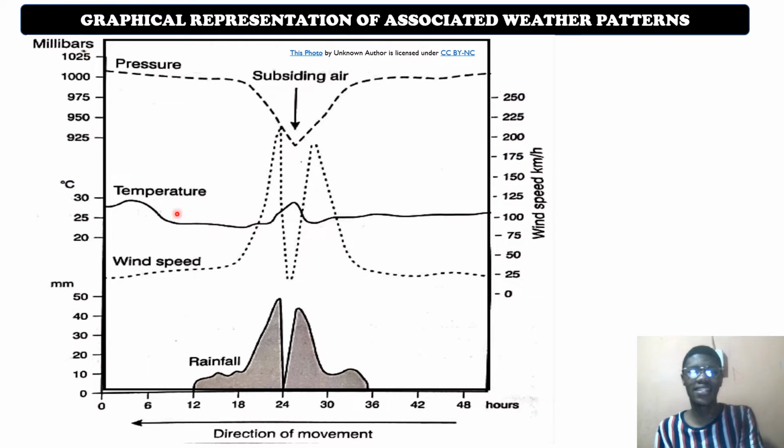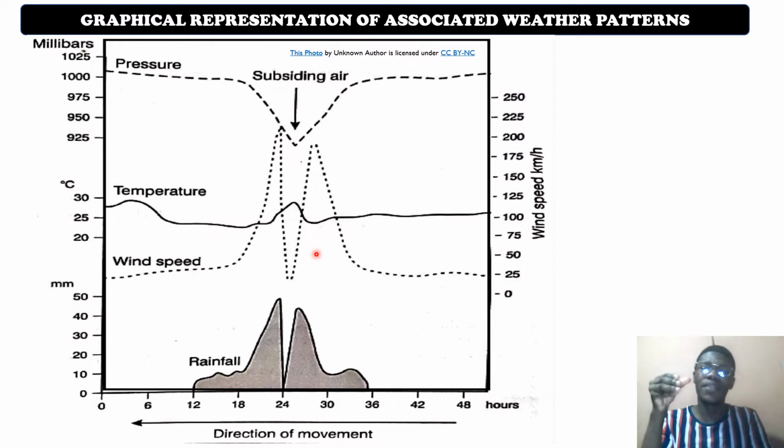Now, what is this diagram actually showing us? The diagram here is a graphical representation of weather conditions associated with the segments of a tropical cyclone.